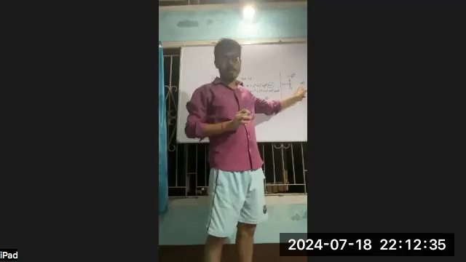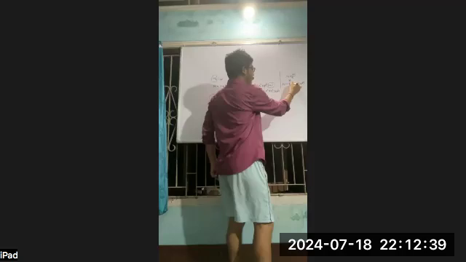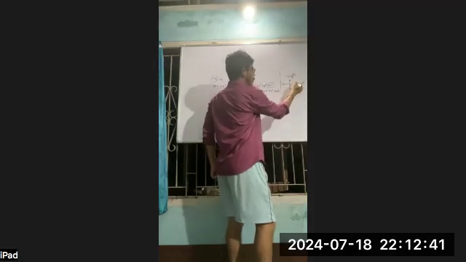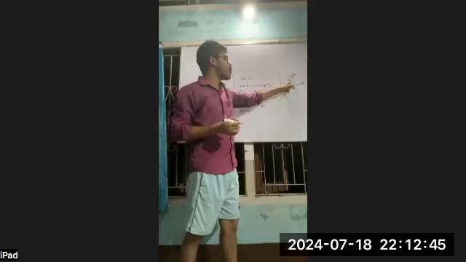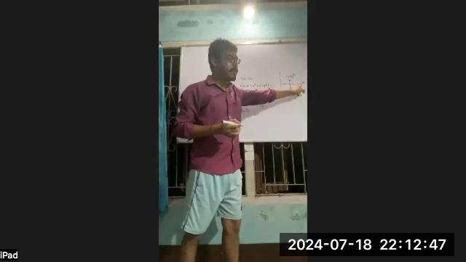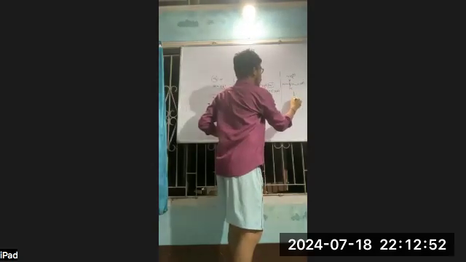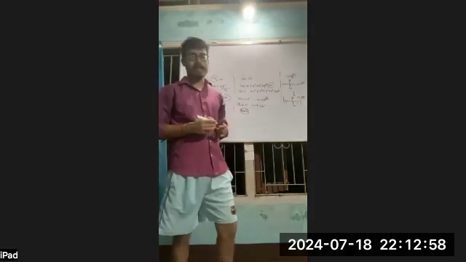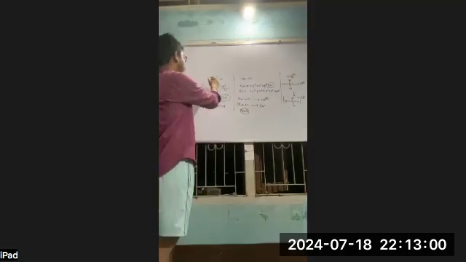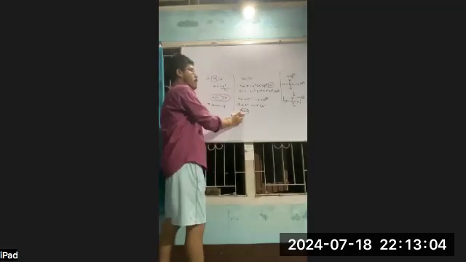So from ammonia, nitrogen will donate the whole lone pair, that is two electrons, to form a bond to H positive, and it will form the NH4 positive ion. So the hydrogen molecule is formed by a covalent bond, the NaCl molecule is formed by an ionic bond, and the NH4 positive ion is formed by a coordinate covalent bond.